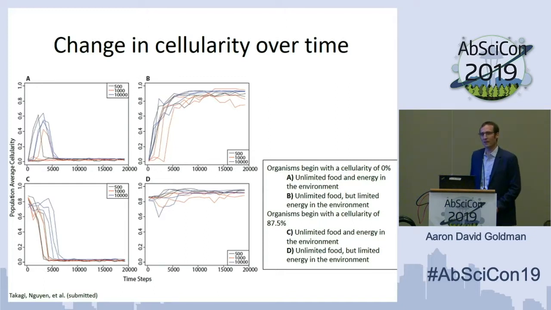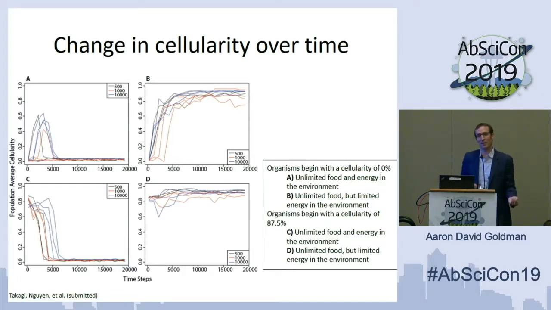At the same time that we were measuring cellularity, we were also measuring how good their metabolism was. We did that by pausing the simulation and giving each organism 1,000 food particles that they would process, and then we took the average quality of their solution to the food processing. And then we averaged that across the whole population, and we came up with a value of metabolic proficiency.